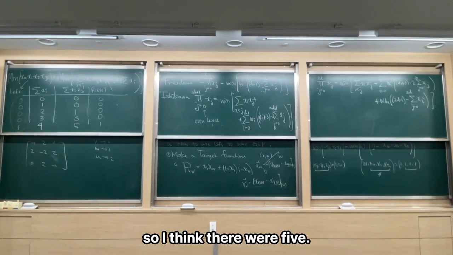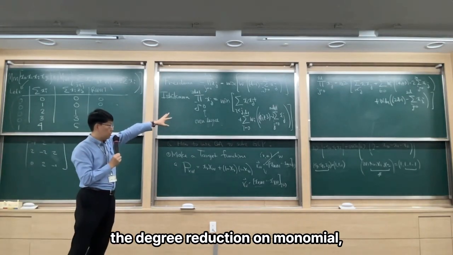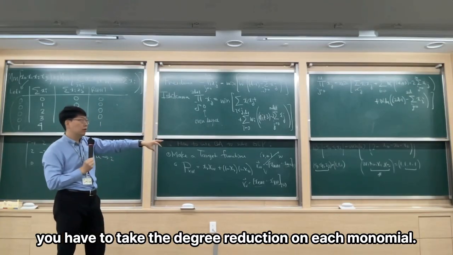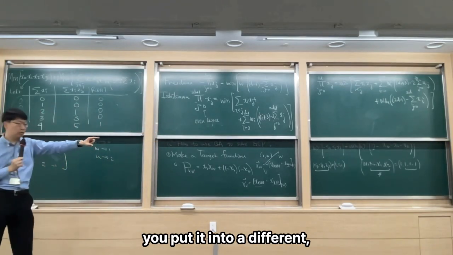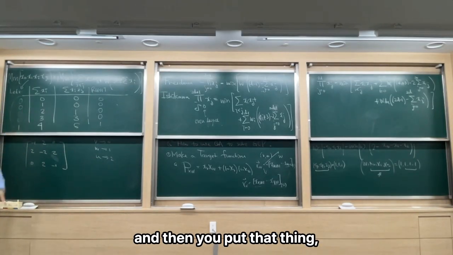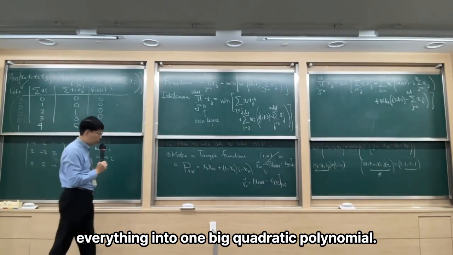So I think there were 5. When you use the degree reduction on monomials, you have to take the degree reduction on each monomial. So for each monomial, you put it into a quadratic polynomial in a different way, and then you put everything into one big quadratic polynomial.